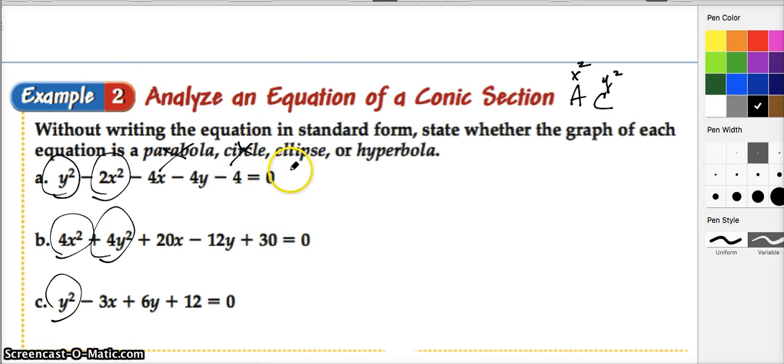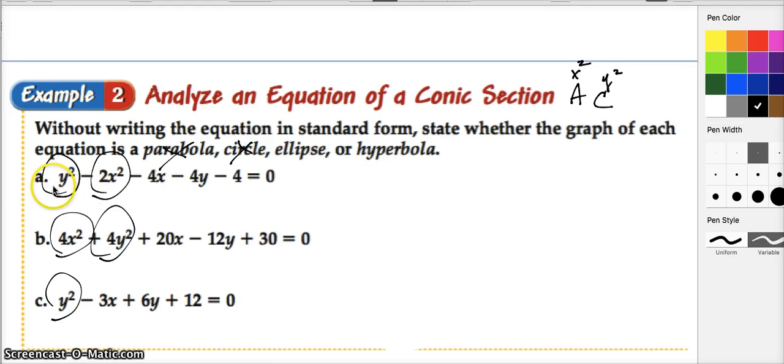Now the next question, is it an ellipse? The thing here is that A and C have to be not equal and have the same sign. So they are not equal, so it could be an ellipse, but they don't have the same sign. So that just leaves the hyperbola, where they have opposite signs. Do you see how we did that?